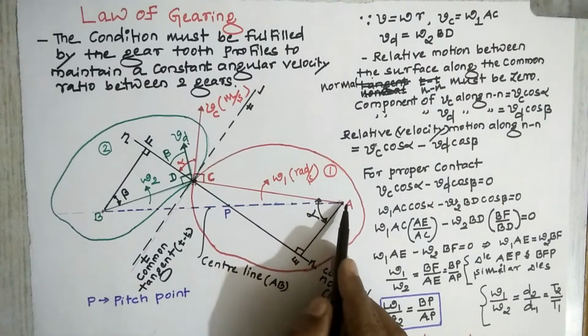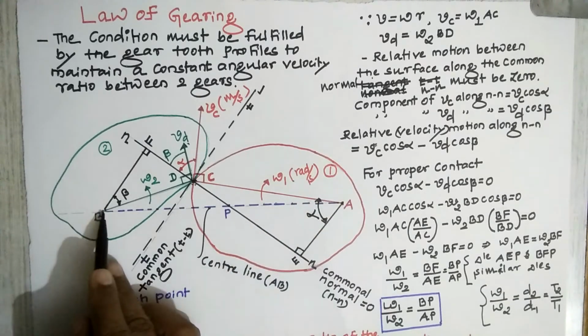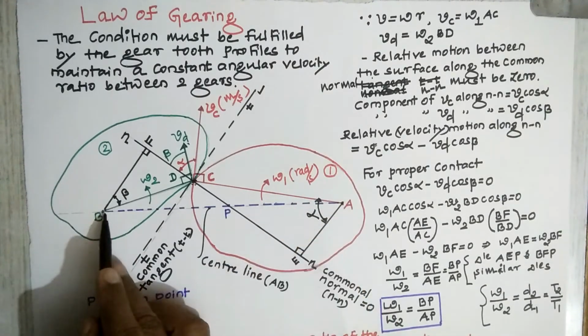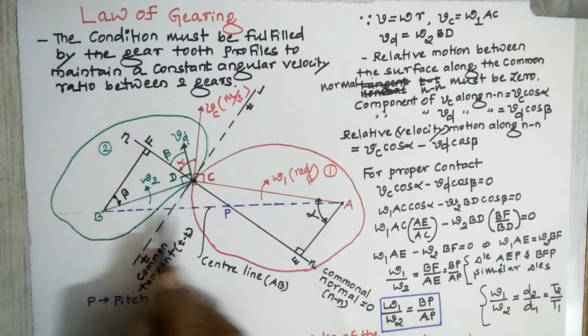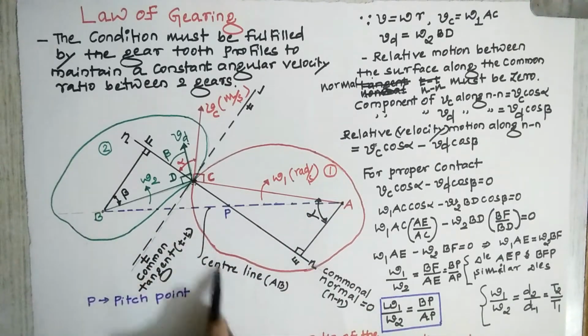At the same time I'll draw the center line between A and B, which I have written as center line AB.